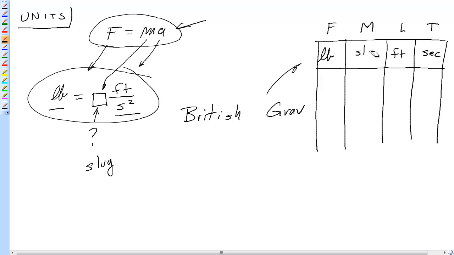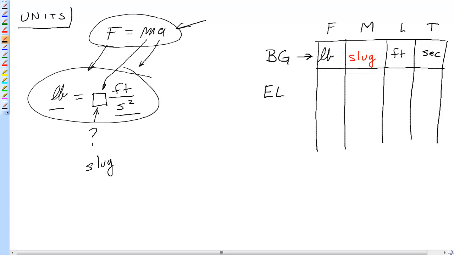However, let's take a look at the slug, and let's write it this way. Now, when you were in thermo, you came across another system which was not British gravitational. In thermo, you were dealing with the English engineering system, and it was quite different because someone put a pound force in there, a foot, and a second, and they wanted a pound mass in there.